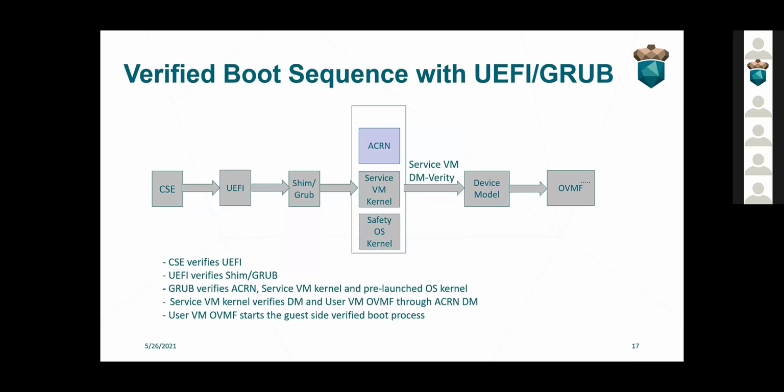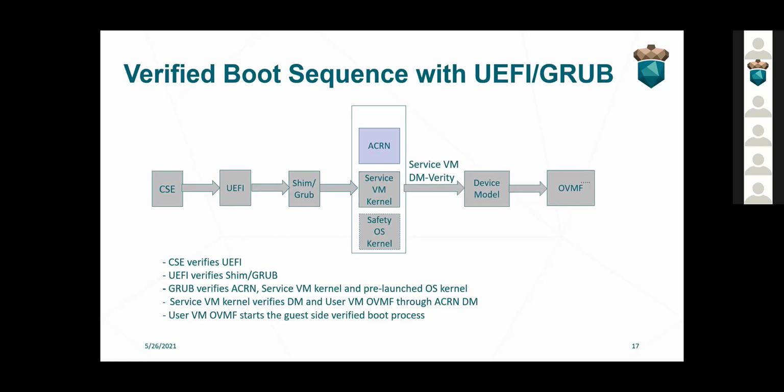So if the bootloader is GRUB, the CSE will verify the UEFI firmware, and the UEFI firmware will verify shim and GRUB. GRUB will verify ACRN and the service VM kernel and the pre-launch VM kernel.